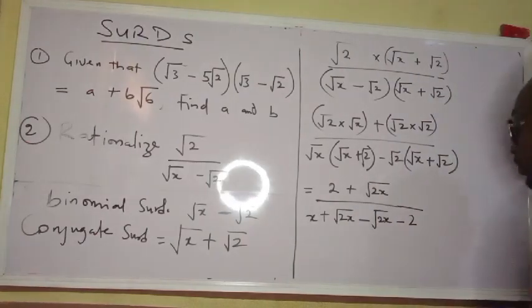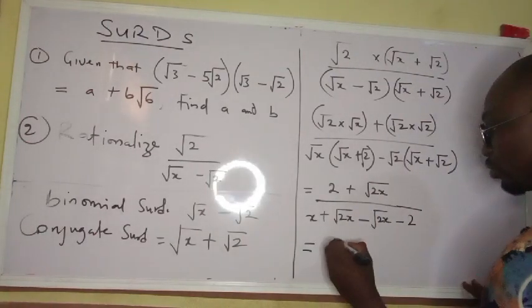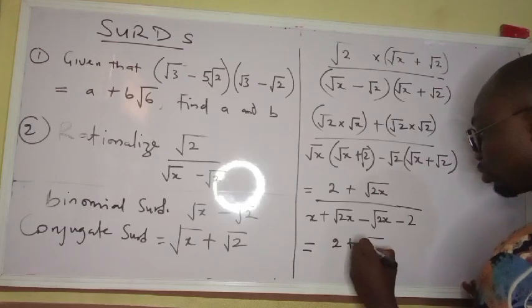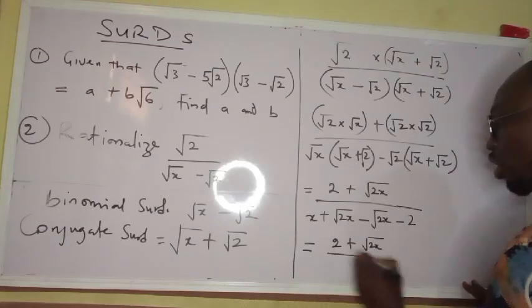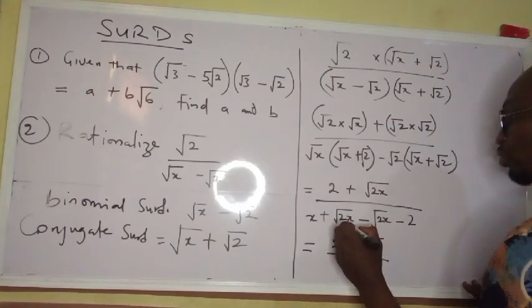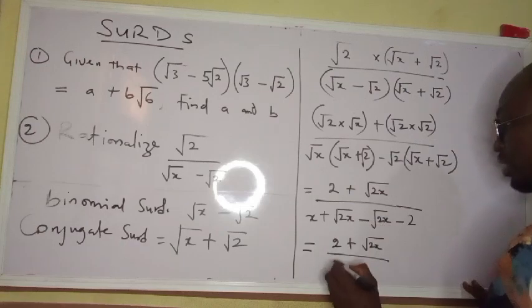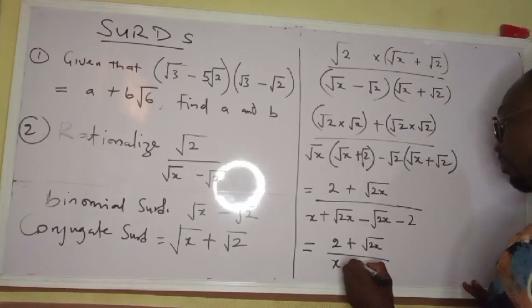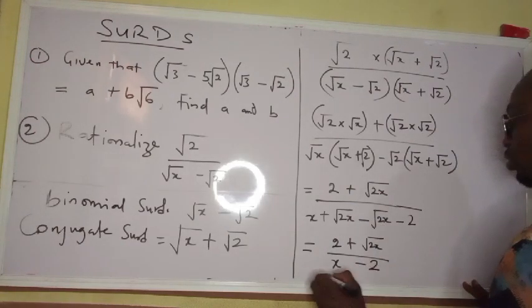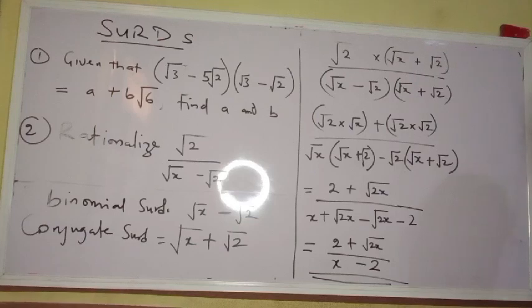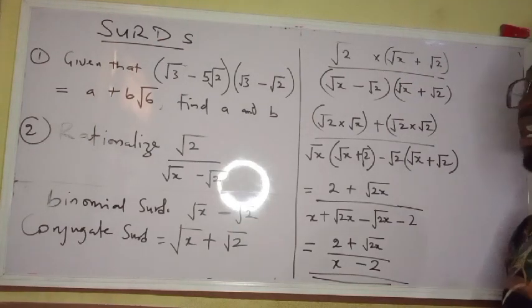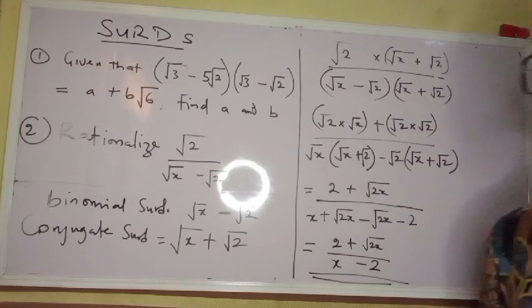So therefore we have (2 + √2x) all over (x − 2). So this is our final answer.